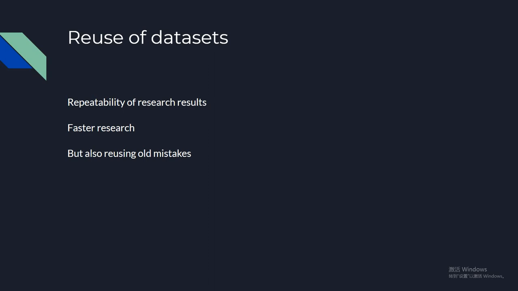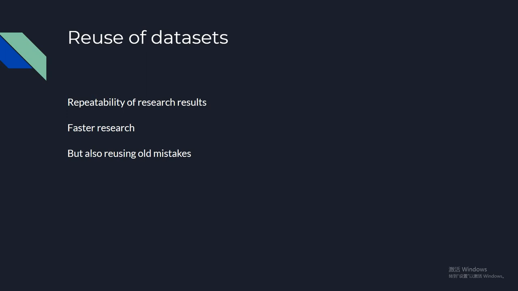Another advantage is faster research. Collecting data and classifying comments from projects is very slow if you do it by yourself or with your team, and from multiple open source projects, it will take a very long time. Reusing the old labels will save a significant amount of time for the researchers.